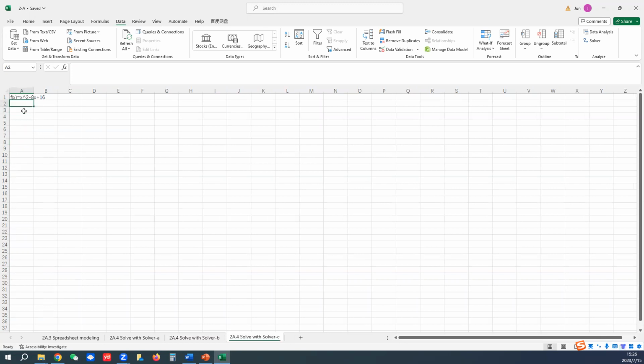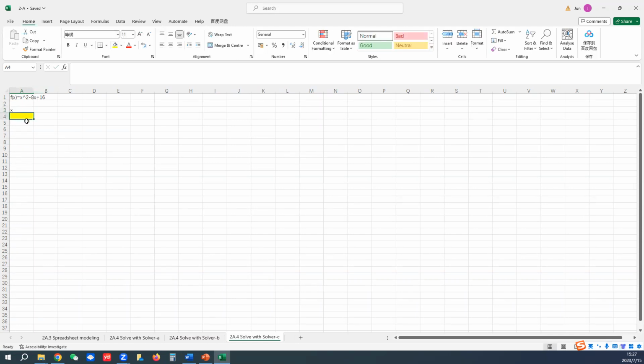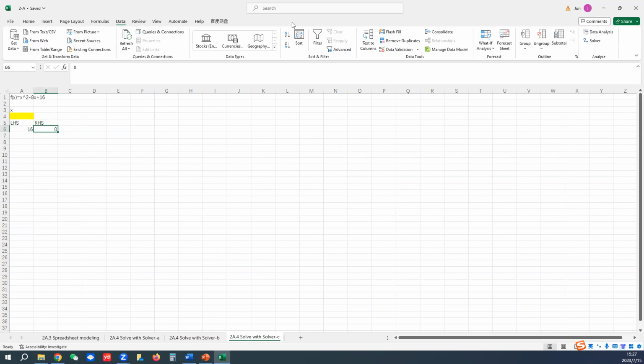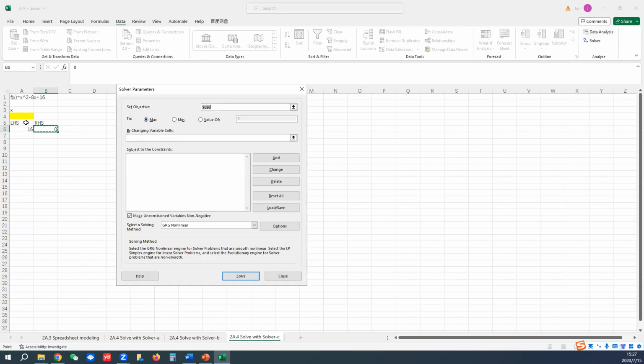Okay, let's go to the third one. Again, let's set it up: x, and the value underneath, left-hand side, which is the function value, and right-hand side should equal 0. The function value is x squared minus 8x plus 16. Now first let's run solver.